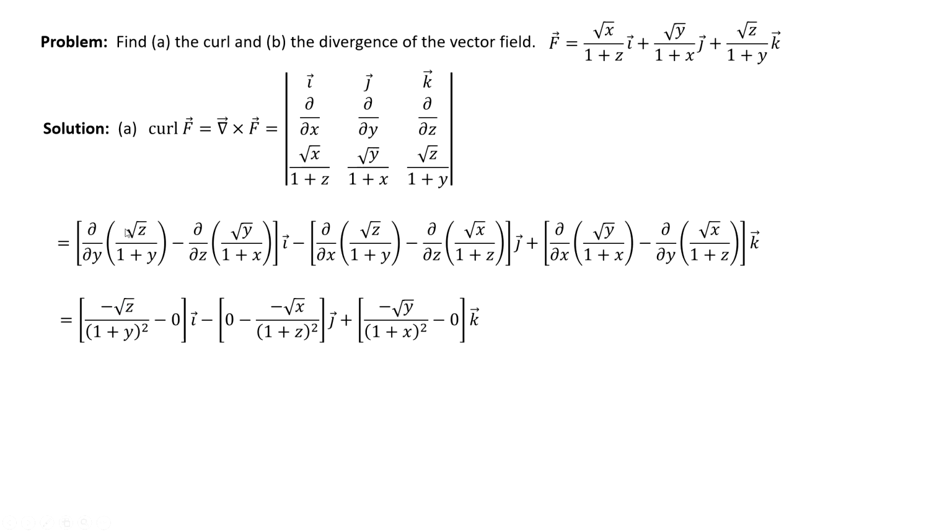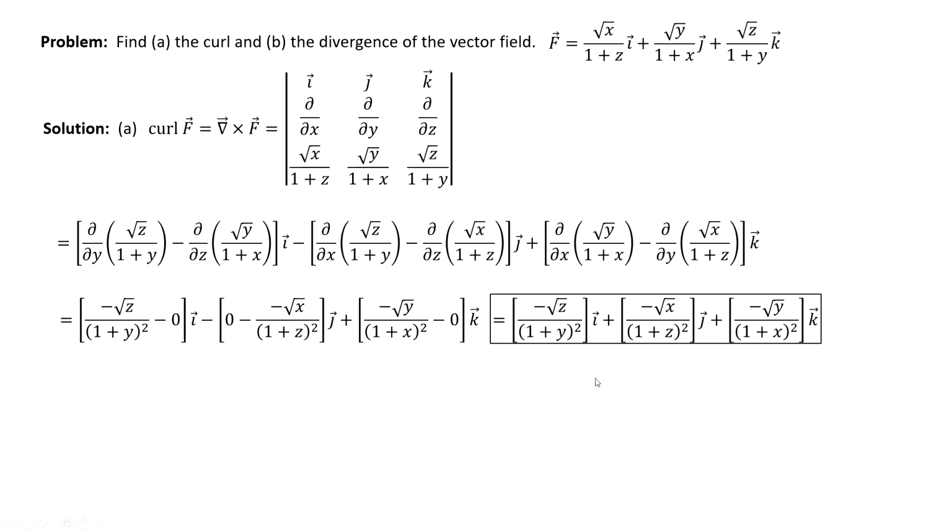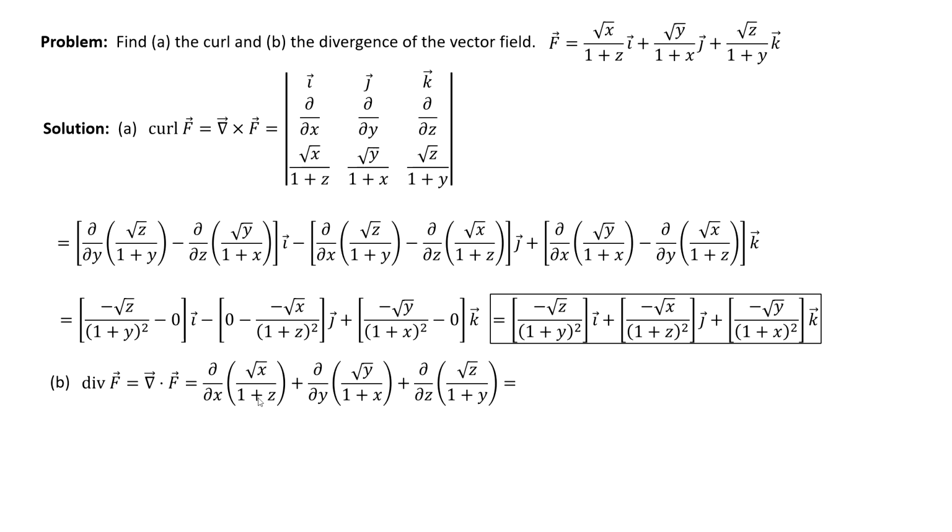And so negative square root of z over (1 plus y) squared, minus, there is no z component, so that just goes to 0, i, and so on. And when you simplify, this is what you get. That's it. Can you do a problem like that? I'm sure you can, right? If you know that, I'm a happy man. I'm telling you, seriously, in this section, this is all I want you to know.